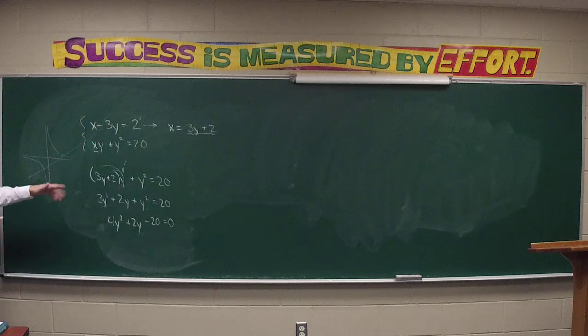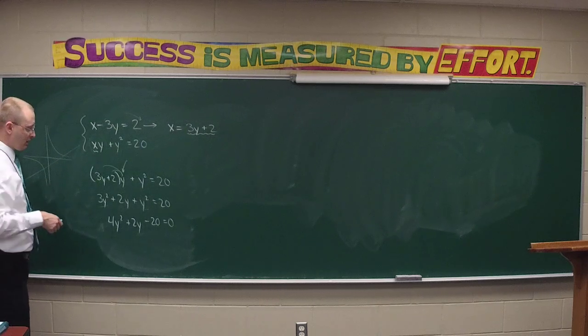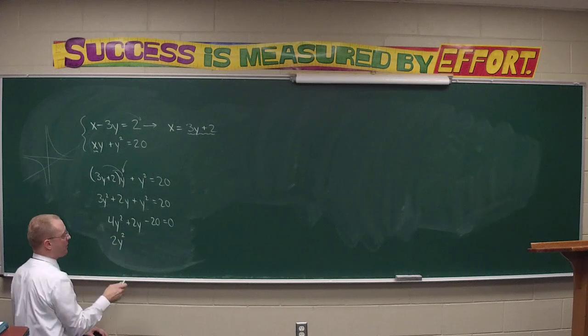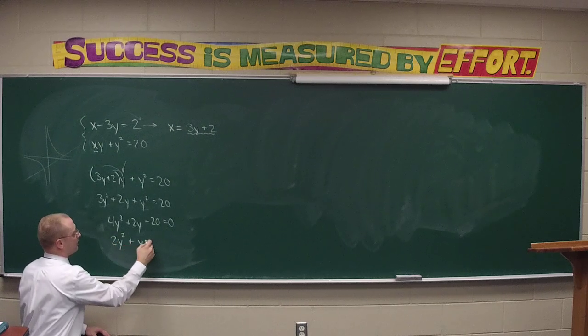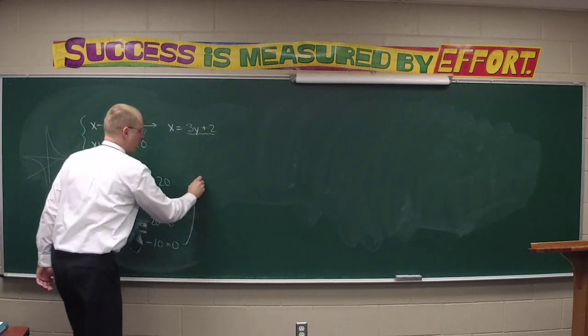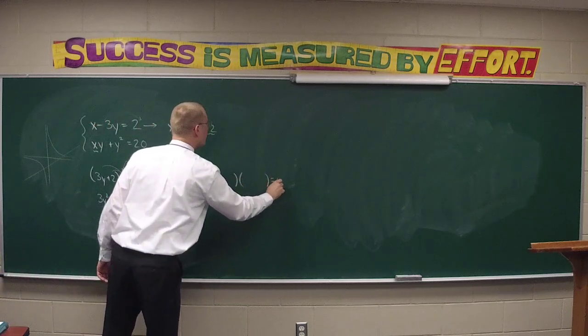Of course, I don't want to solve it like this. I want to make my life a little easier. Michael? Take out 2. Yeah, knock out the 2 to get 2y squared plus y minus 10 equals 0.